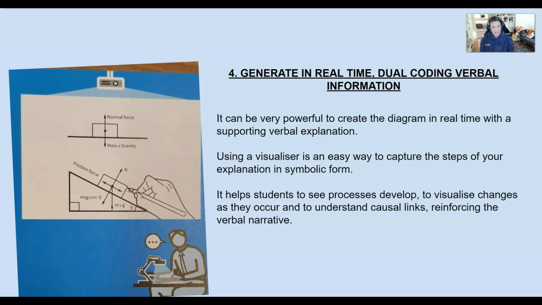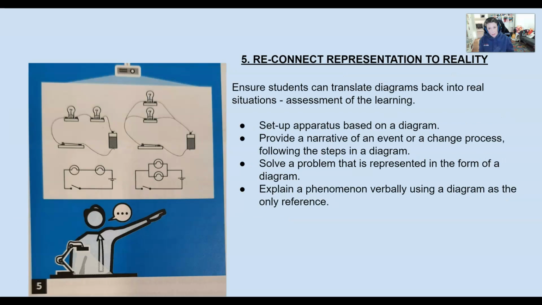Using a visualizer is an easy way to capture the steps of your explanation in symbolic form. It helps students see the process develop, to visualize the changes as they occur, and to understand the causal links, reinforcing your verbal narrative.